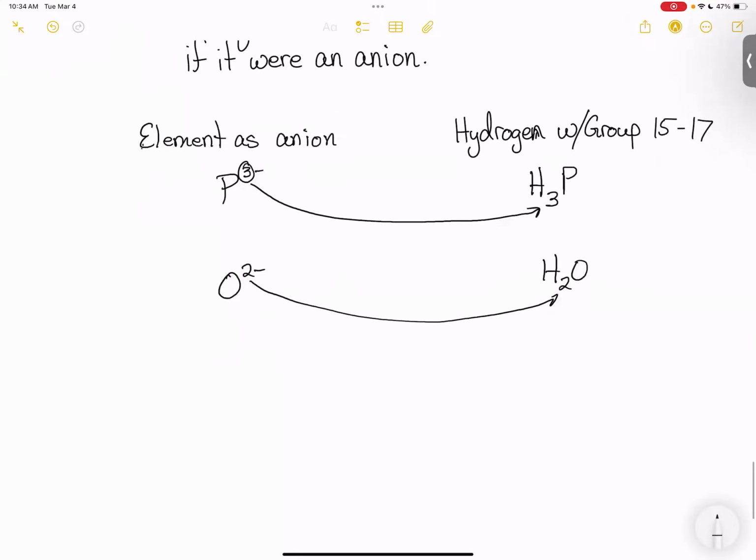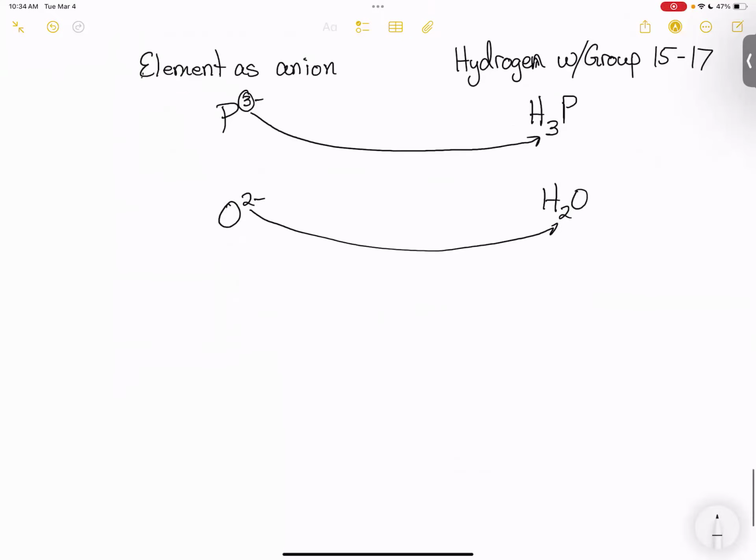Now for the name. You write the word hydrogen to start. And then you write the second element as an anion.